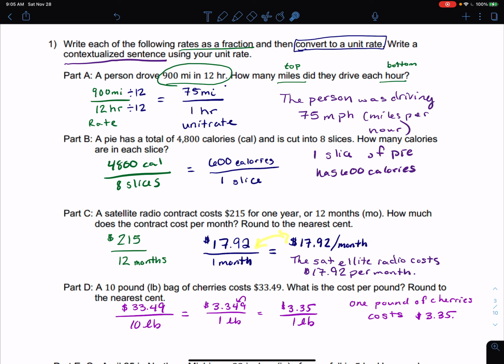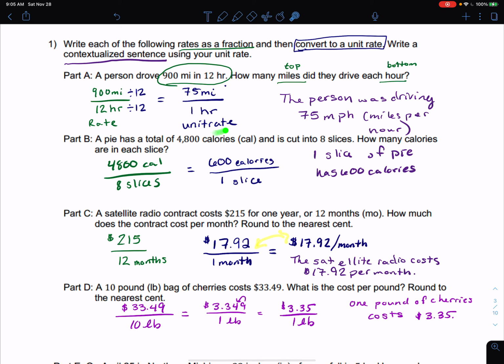So they told us that a person drove 900 miles in 12 hours, and they're asking how many miles did they drive each hour. So the order that they're asking us in is miles and hours. So miles is going to go in the numerator, hours is going to go in the denominator. So that's how I got the rate as 900 miles per 12 hours.